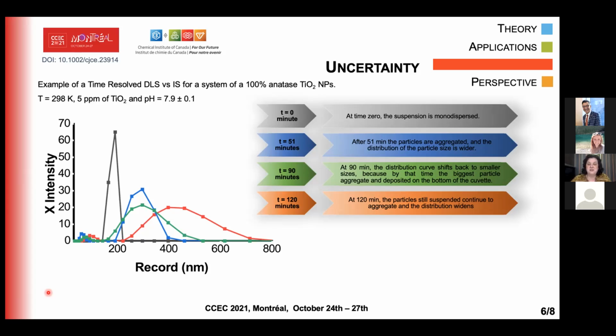We can see that it's monodisperse, and after that, over time, we can have aggregation and the distribution becoming wider in this image.